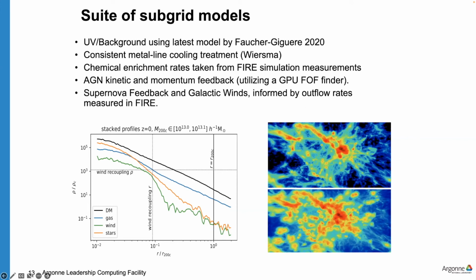The image here depicts what some of these feedback models can do. This is a density plot, and you can see that when some of these feedback models are enabled, a lot of the densities are much more blown out in regions where you saw much tighter concentrations without them being enabled.